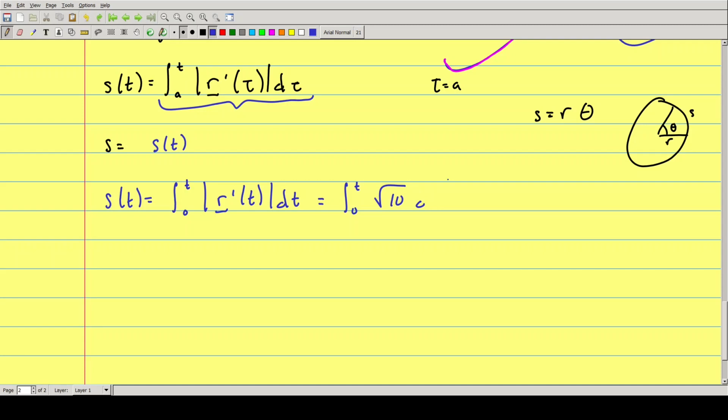Sorry, I wrote dt. I should have written d tau. Okay, and if the tau bothers you, pick some other letter. It doesn't matter what the letter is. I'm just using tau because it looks like t, but it's not t. Okay, so we have this expression.